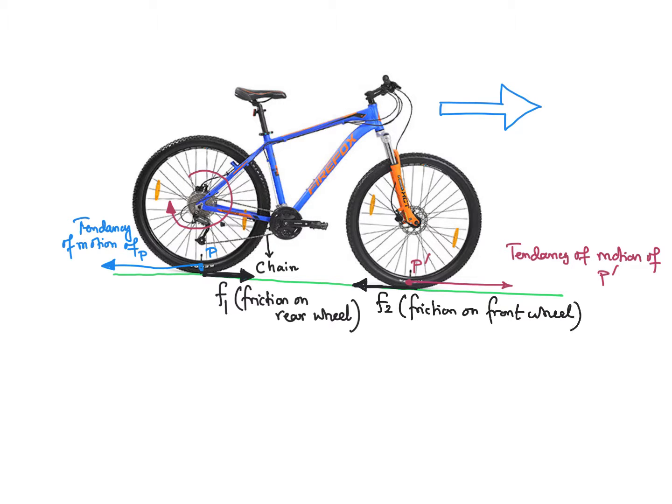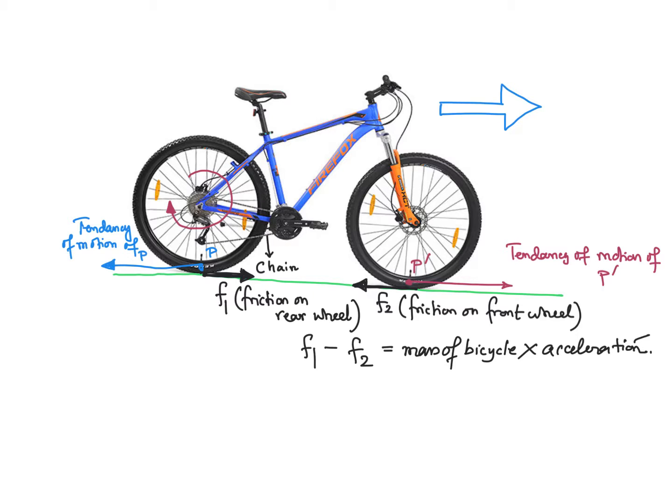So the net force is F1 minus F2. So we can write F1 minus F2 is the mass of the bicycle multiplied by its acceleration. Hope this clears the direction of friction on the two wheels of the bicycle.